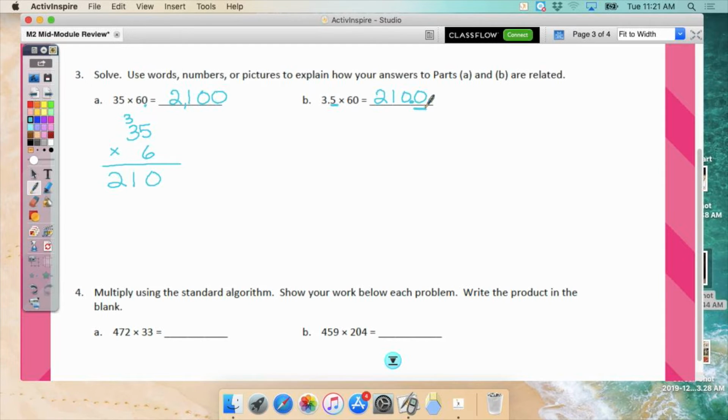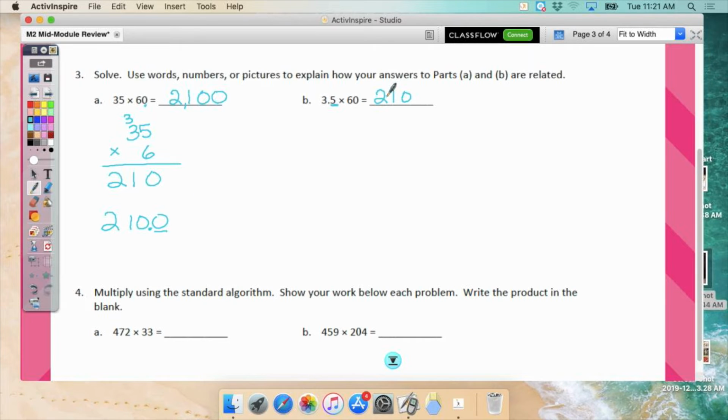Underline, and then erase the 0 and the decimal. Another way to do it, you could rewrite 2,100, place your decimal, and then write the answer.